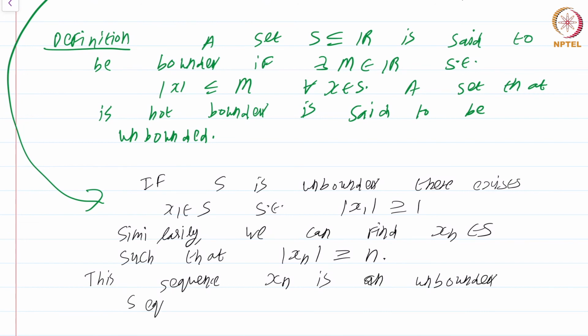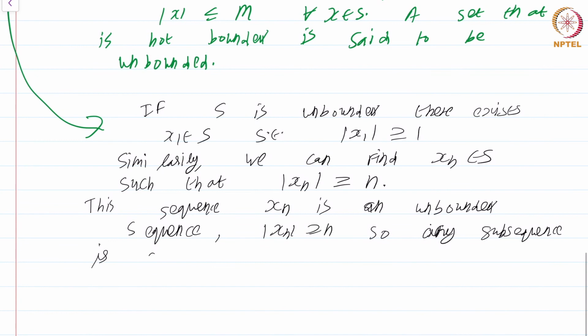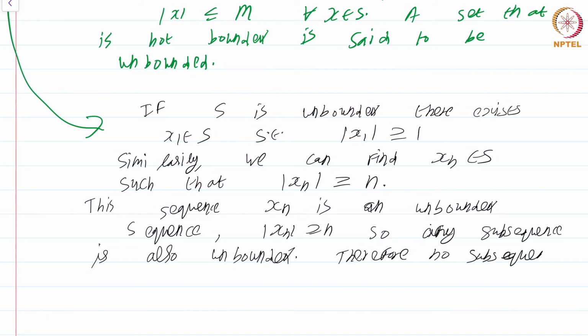Not only is it an unbounded sequence, we have mod xn is greater than or equal to n. So any subsequence is also unbounded. Therefore, no subsequence of xn can converge. Hence proved. Hence we are done.